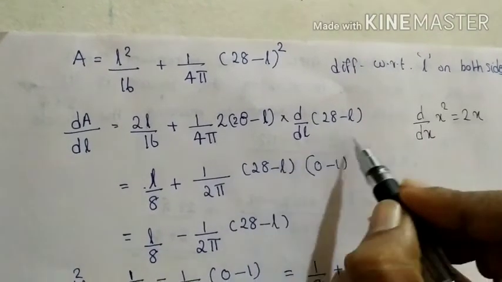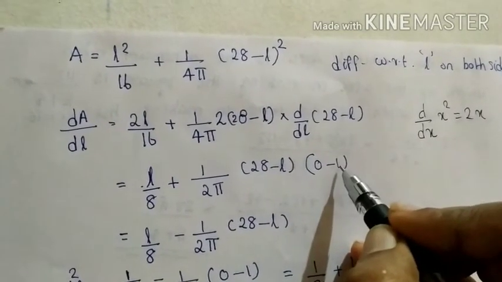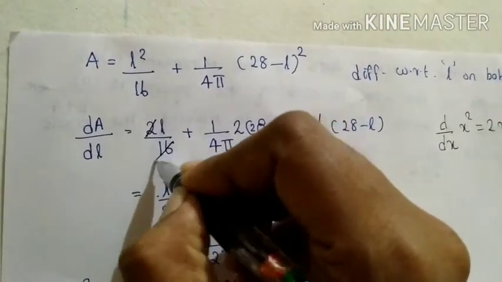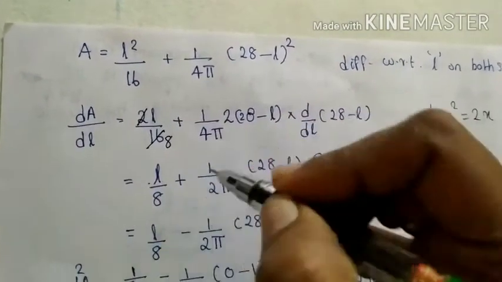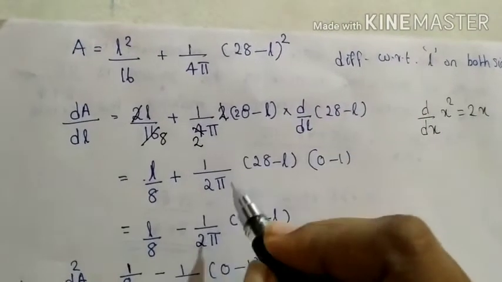So the derivative of 28 minus L is 0 minus 1. Here, cutting 2 and 16, we get L by 8, and cutting 2 and 4 we get 1 by 2 pi.